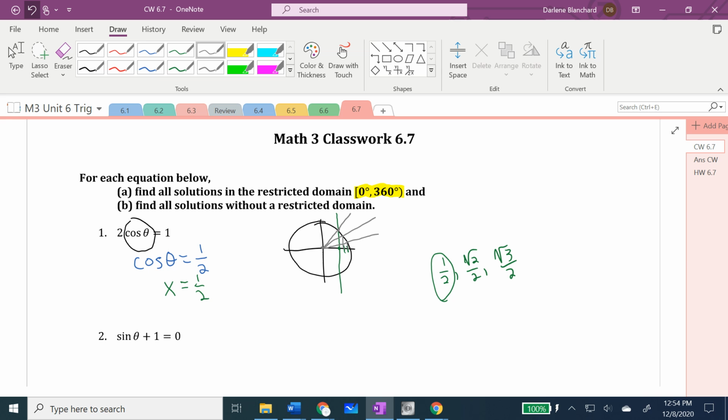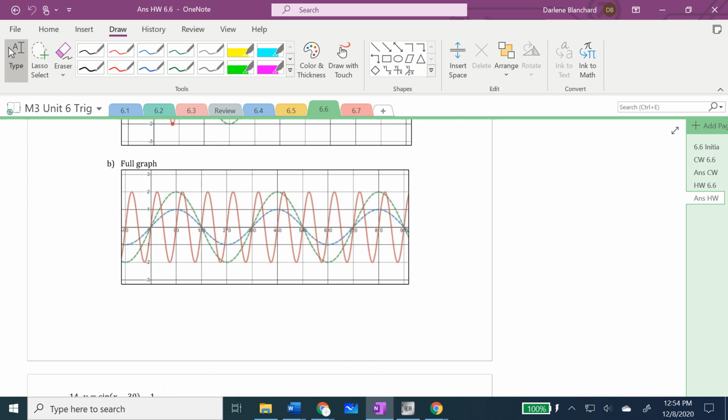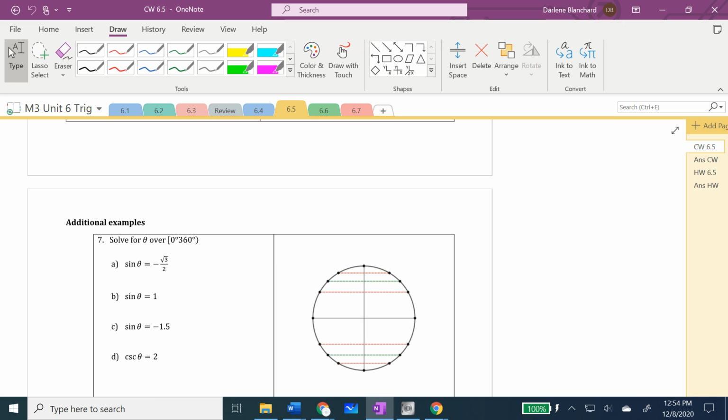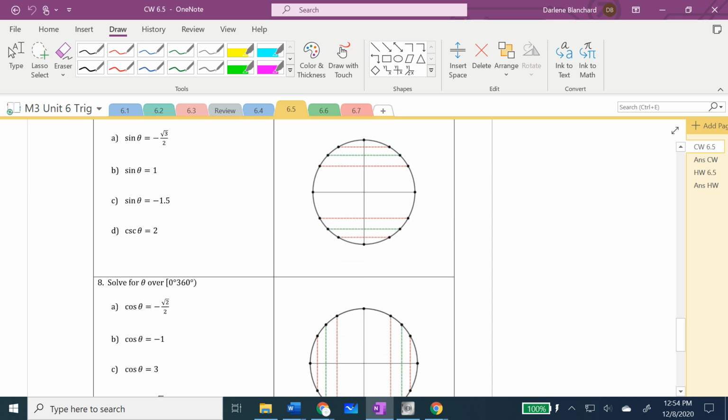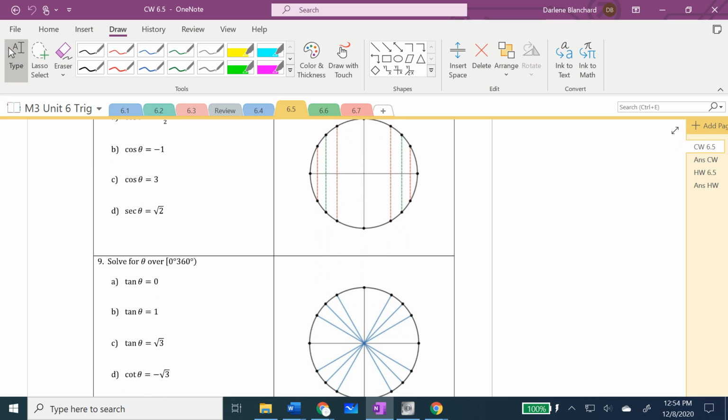It helps sometimes, though, if you do have a unit circle to draw on. That's why for some of these beginning problems, I have them drawn out in this way to help you to think in that manner.